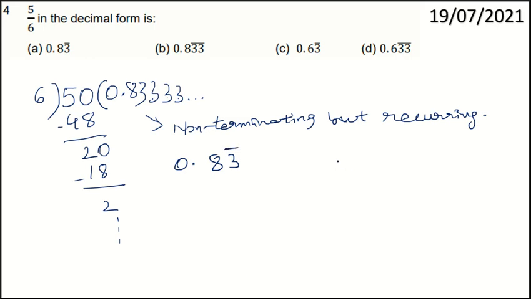So the right option will be A, but if you observe option B, it looks the same as this one. Why? Because 3 repeating is the same as 3 repeating. So this option will also be a right option.